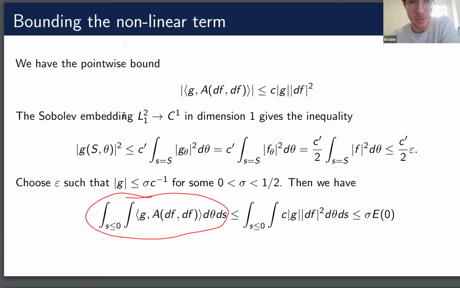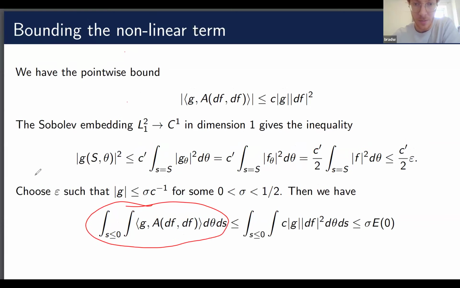And now we use the Sobolev embedding theorem. I guess in some ways this says something slightly stronger than the Fourier inequality we did before. But basically it gives a pointwise bound on g by the integral of its derivative.